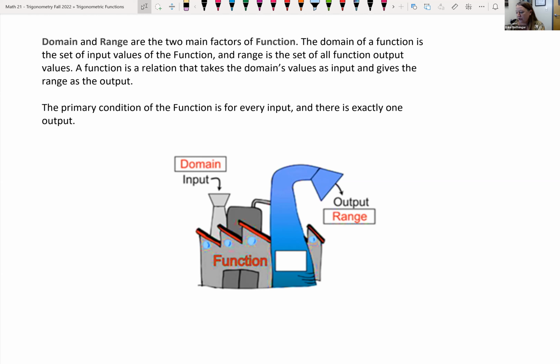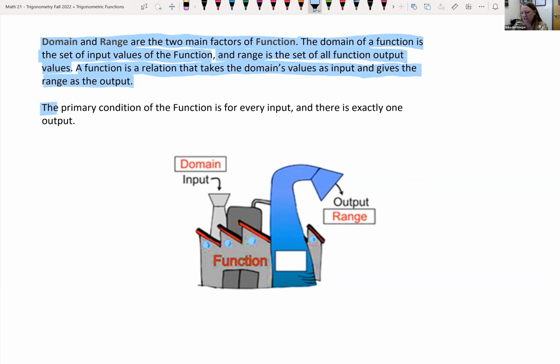The definition is in front of us. The domain and the range are two main factors of functions. The domain of a function is the set of input values of a function, and the range is the set of all function output values. A function is a relation that takes the domain values as input and gives the range as output.